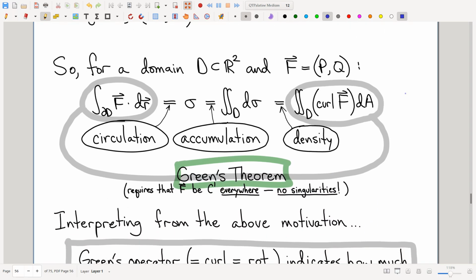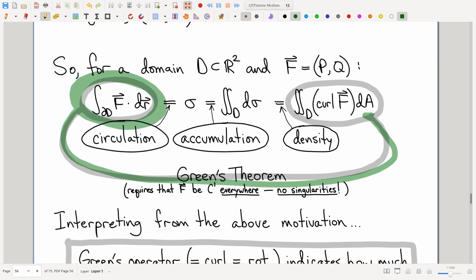Okay, here is Green's theorem. Again, as we've already gone through, Green's theorem says that circulation is an accumulating quantity, and that quantity is computed with an associated density. Again, it's just like every other integral that we've ever computed. The other take is to notice that circulation itself is defined with an integral.